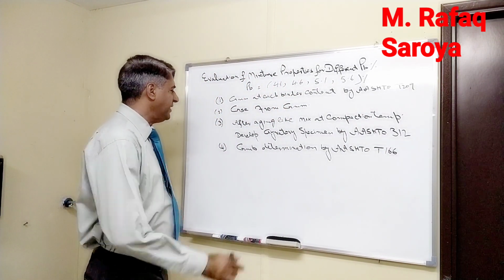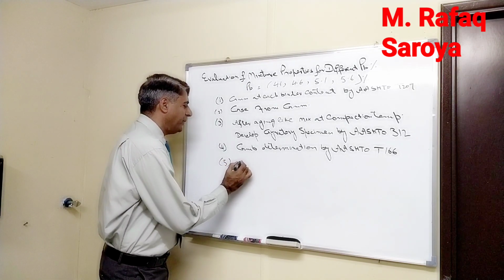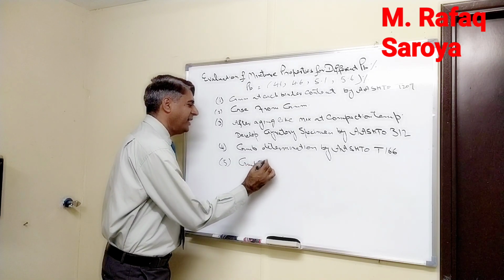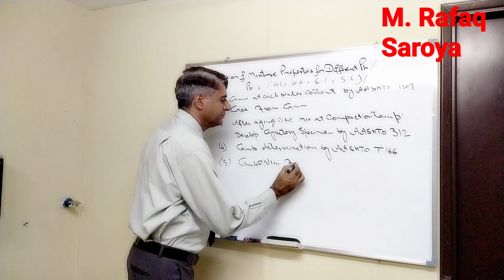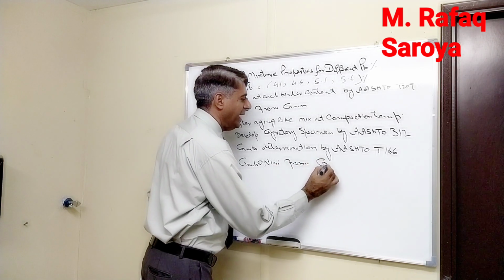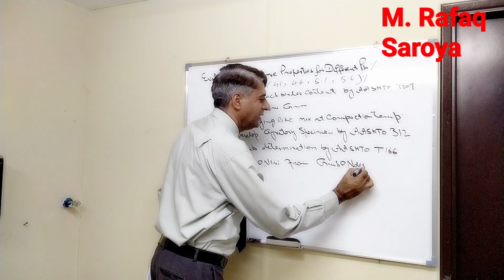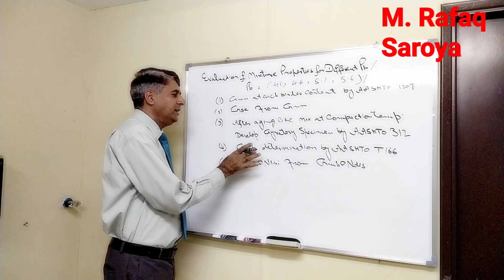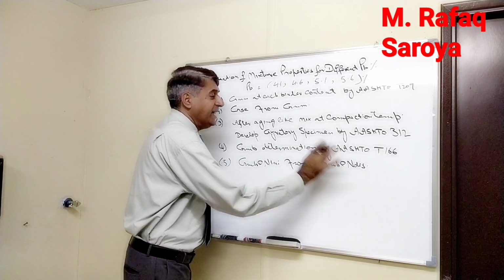Clear is? When this GMB is known, next we have to find out the value of GMB at the rate of N initial from GMM. From GMB at N dash. You know, this value of GMB which we are finding out, this is actually GMB N dash.